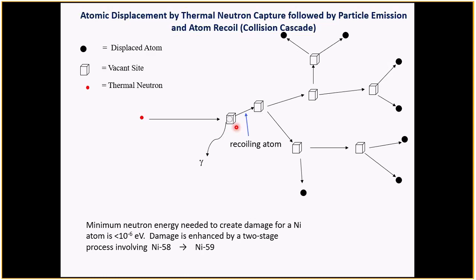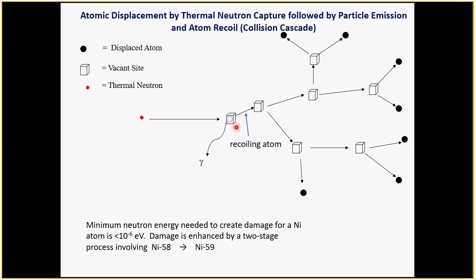If you counted up all the neutrons with energy greater than 1 MeV and calculated how much damage you get from those, and you had the same number of neutrons with energy 0.1 eV and counted up all the damage from those, it's 2 orders of magnitude different for iron.